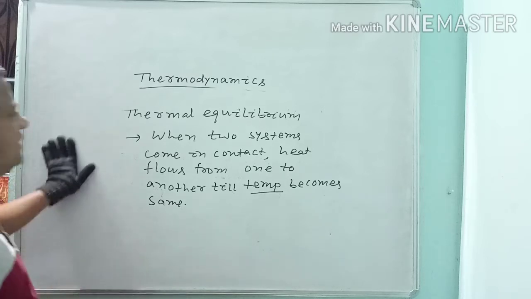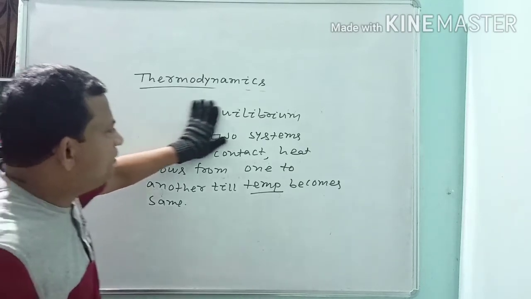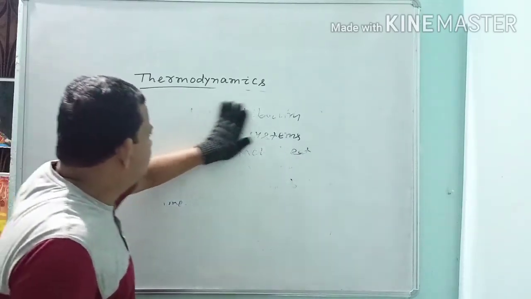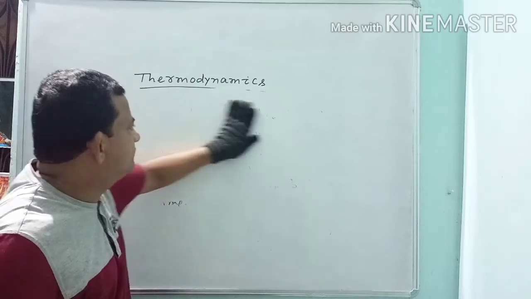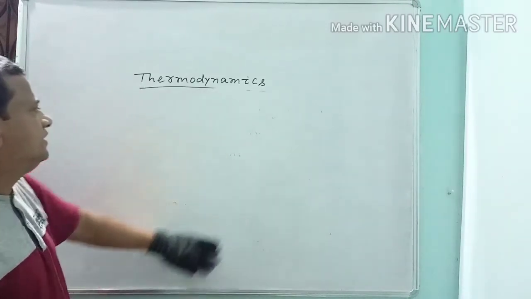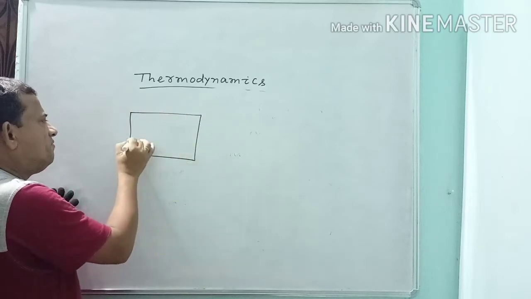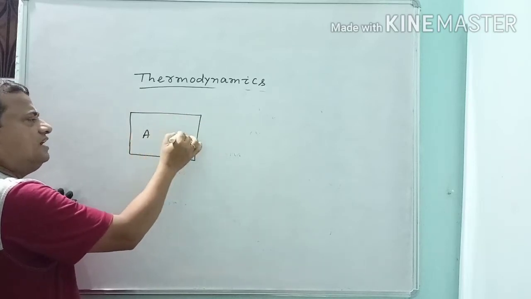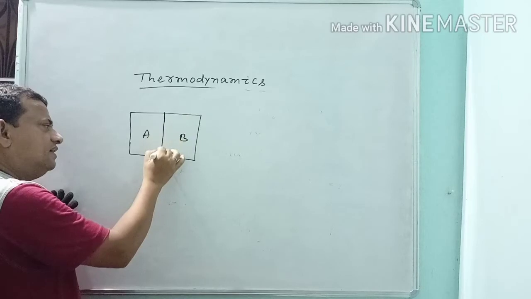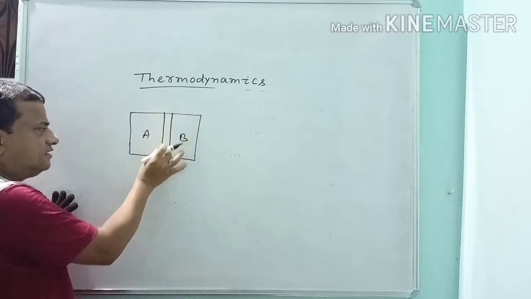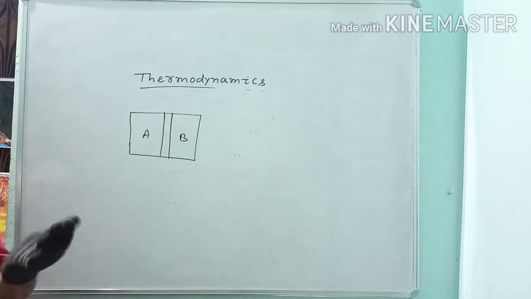Suppose I take this diagram for understanding. Here is a container I take. Here is system A, here is system B, here is an interface, or you say separator.